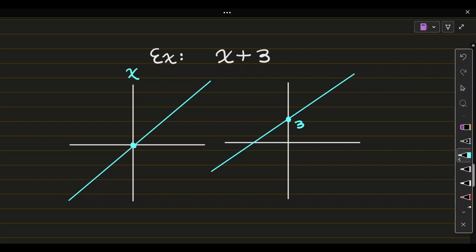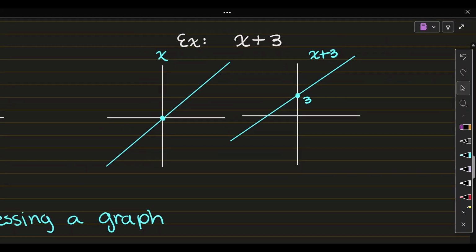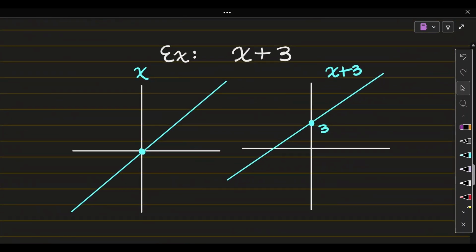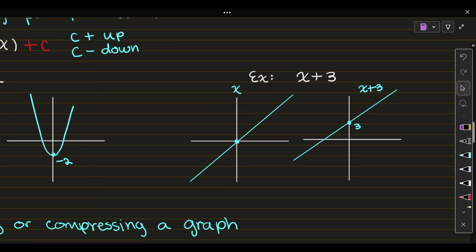Okay, it's a line with slope 1 that passes through the point (0, 3). So this is x plus 3. We just shifted it 3 units up. And you might notice that that plus 3 is the y-intercept, right? So we're just shifting 3 units up, because before our y-intercept was 0. That appeals to your intuition about lines.